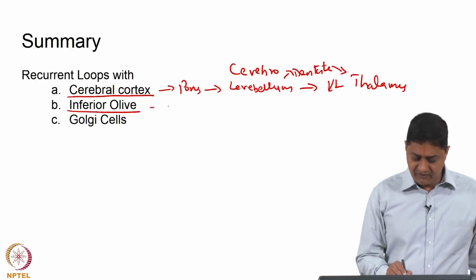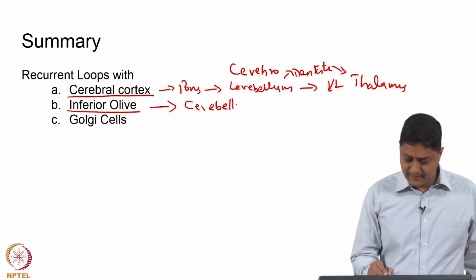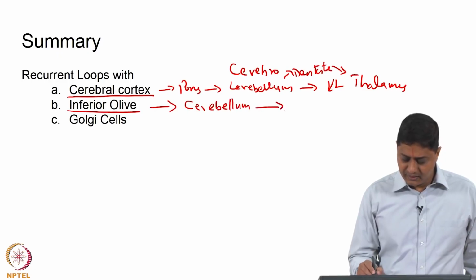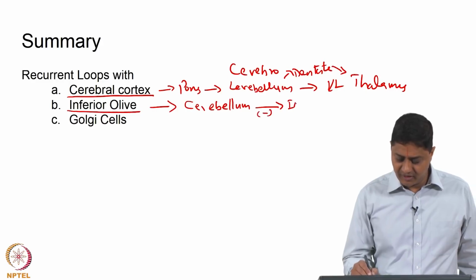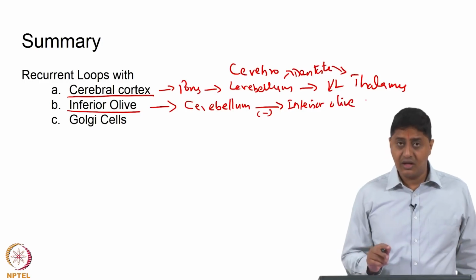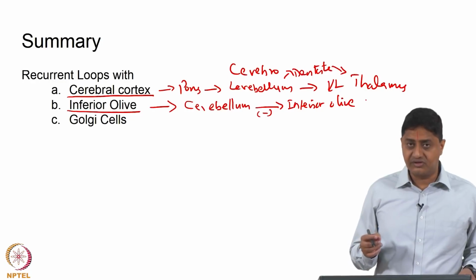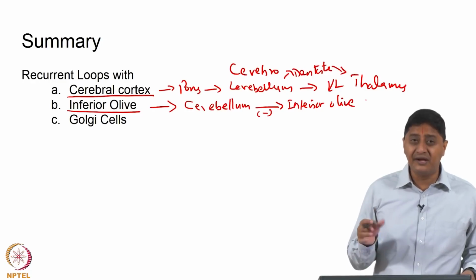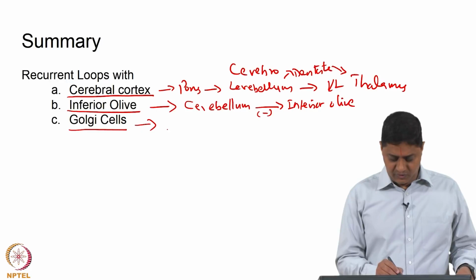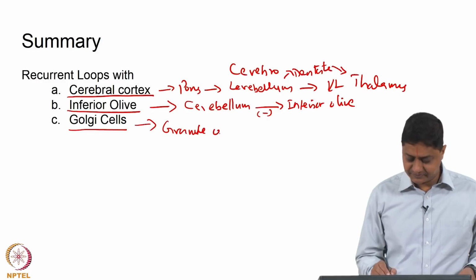Then inferior olive, cerebellum, it inhibits the inferior olive. So, cerebellum can control from what kind of input it is going to receive and to what extent it can regulate its own inputs. Golgi cells regulate the function of granule cells.